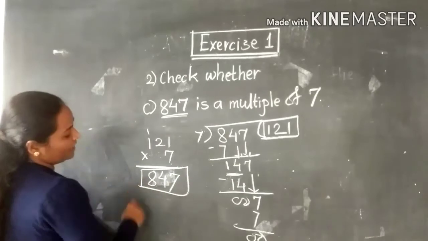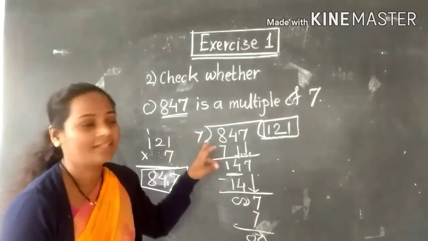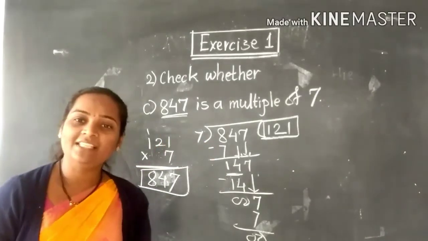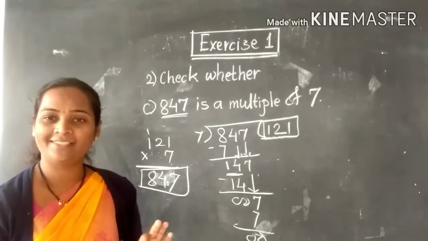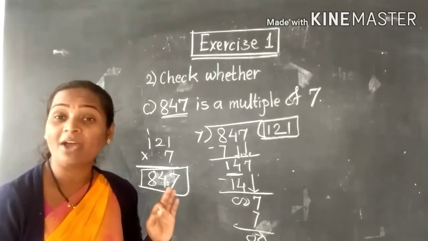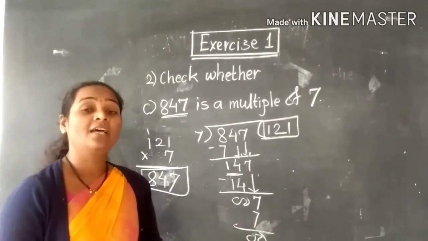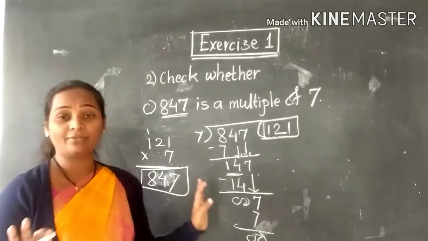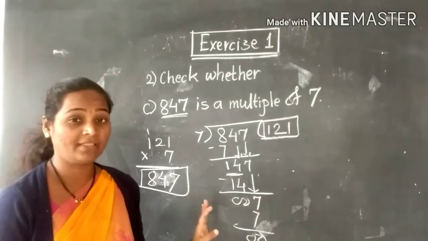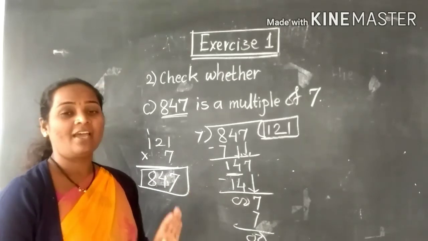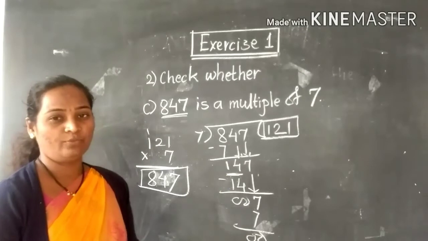It has proved that 847 is a multiple of 7. In this way you have to find out. These are the simple methods. Don't be afraid about this. In this way you should check and write in the notebook.